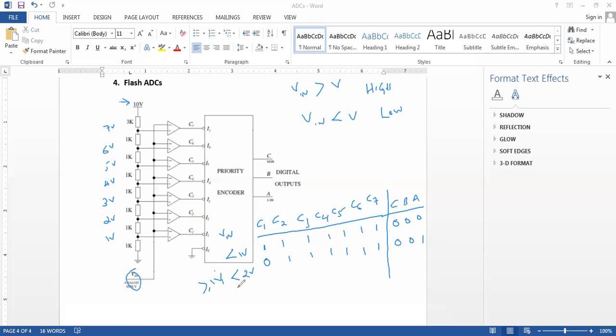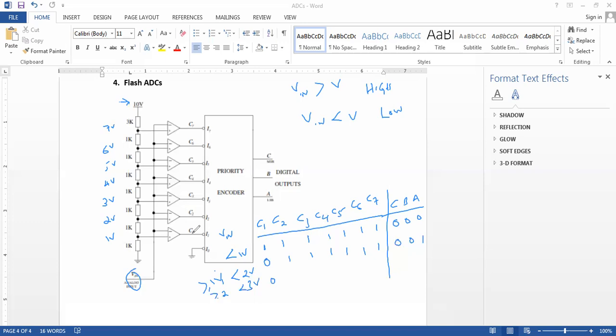Similarly, when we have a voltage between 2 and 3, so if Vin is greater than or equal to 2 but less than 3 volts, our C1 will be 0 because we are comparing a voltage which is greater than 2 with 1.